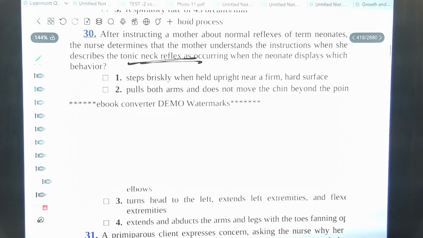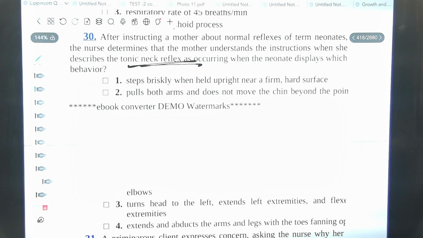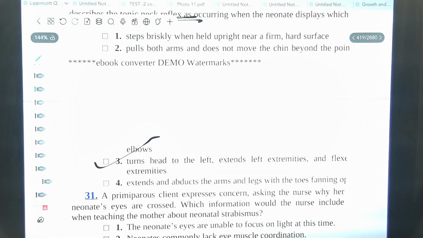So choose the right response. Third will be the correct one: turn head to the left, extend left extremities and flex other extremities. This reflex also disappears after a few months.